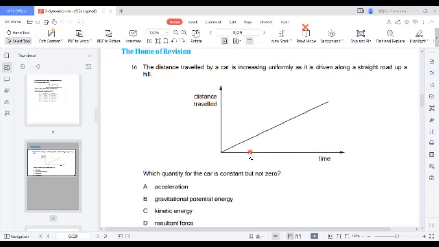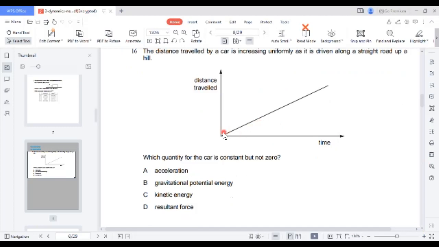The gradient of this is speed, and this straight line type of graph is about uniform speed.